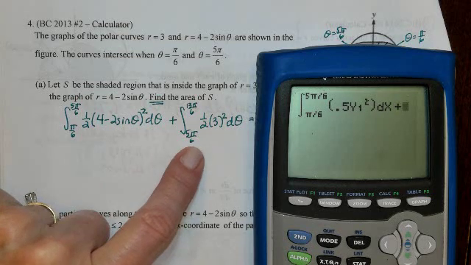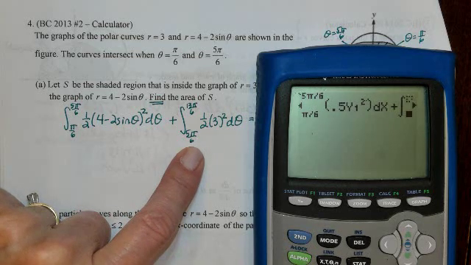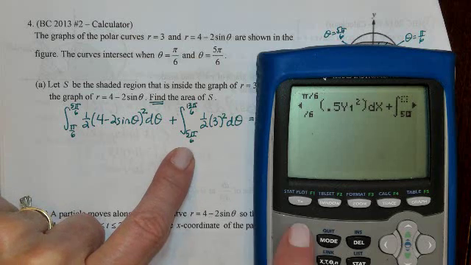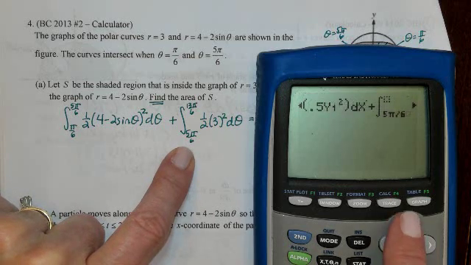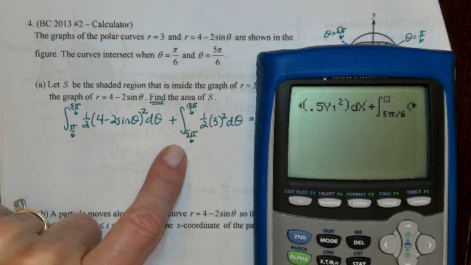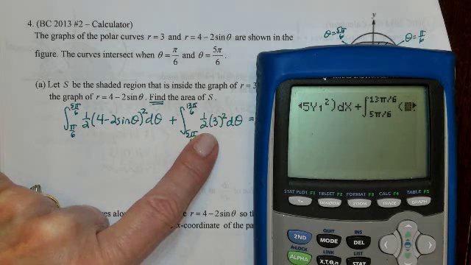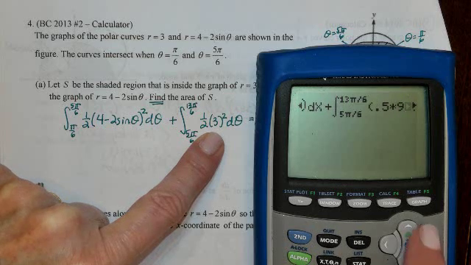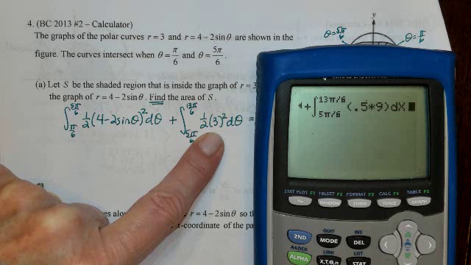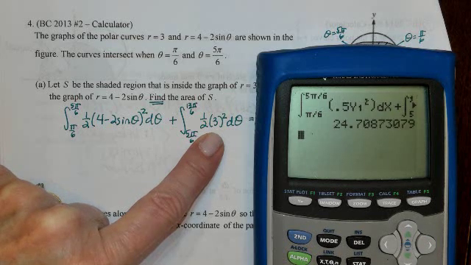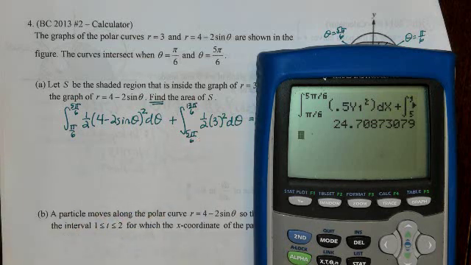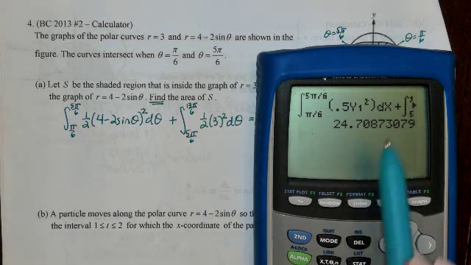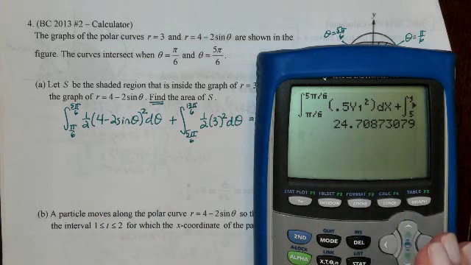Plus, and now I need the integral from 5 pi over 6 to 13 pi over 6 of 1/2 of 9. So I got 24.709 or 8 there, right?